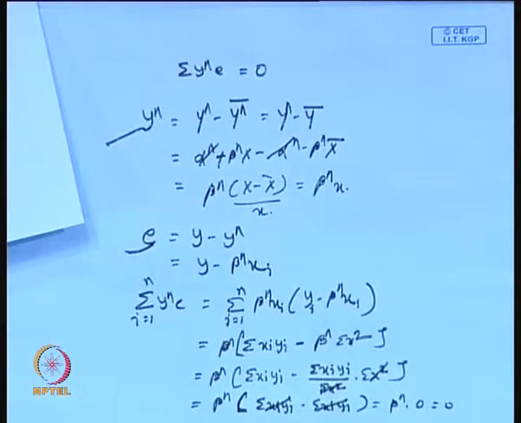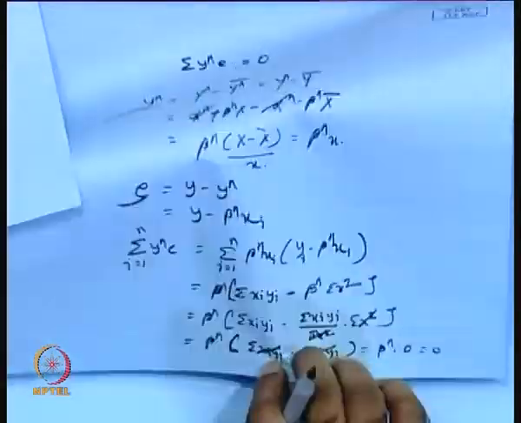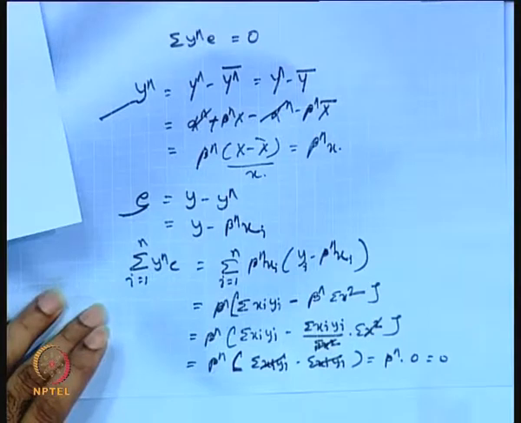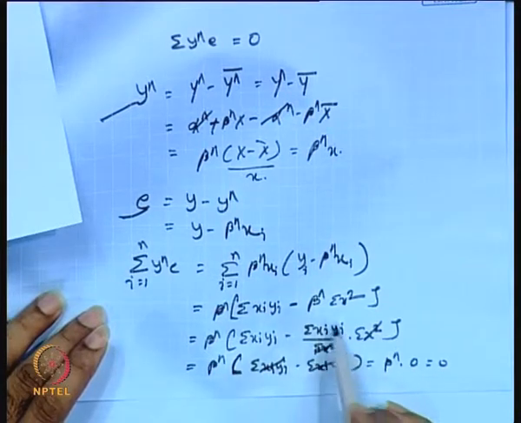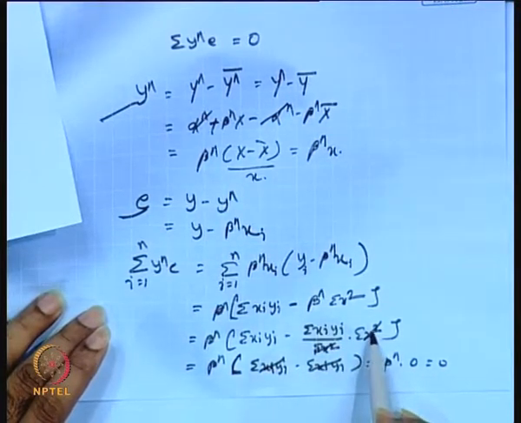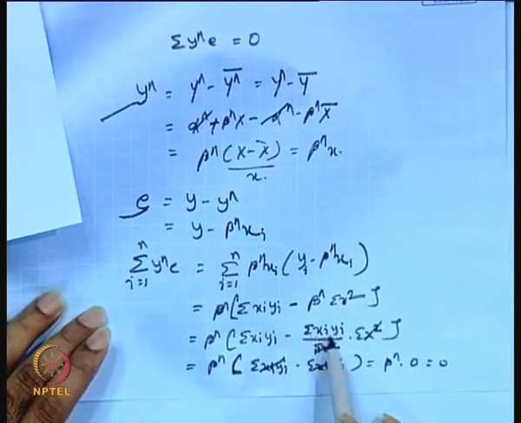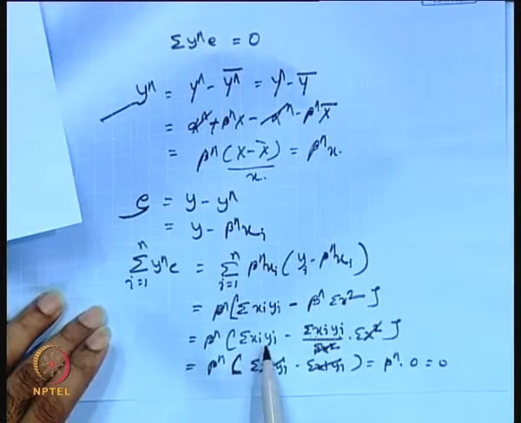All right, so the entire structure is like this. Beta hat equals summation xi yi over summation x squares; we are just expanding the beta hat value here. Obviously summation x squares cancels, the left out term is summation xi yi, and summation xi yi is here too, so it is equal to 0.